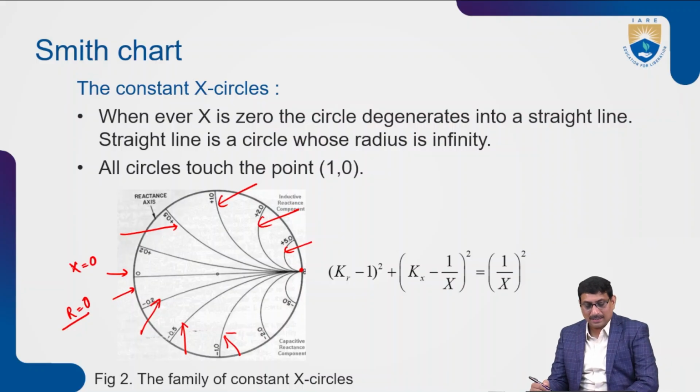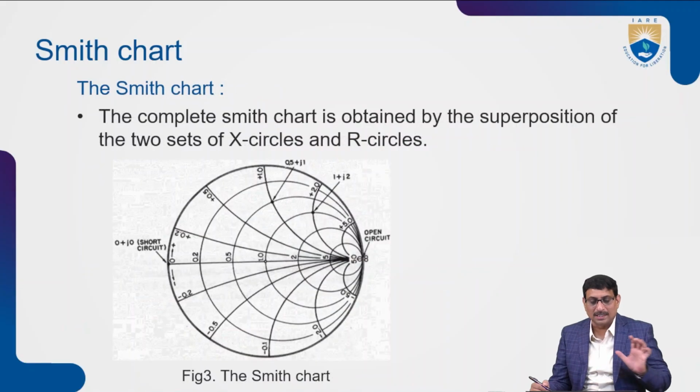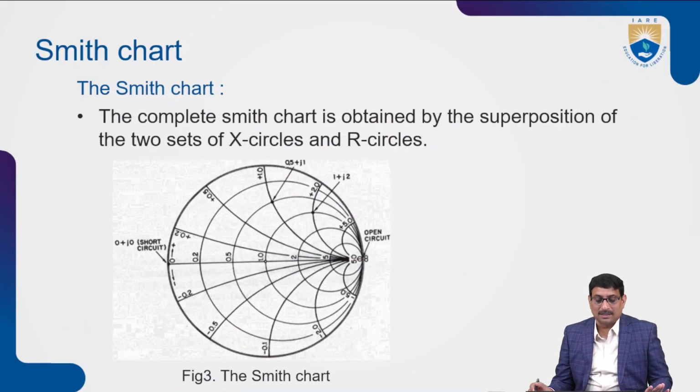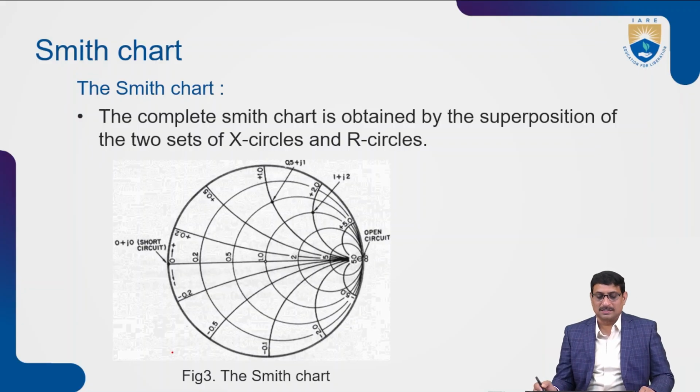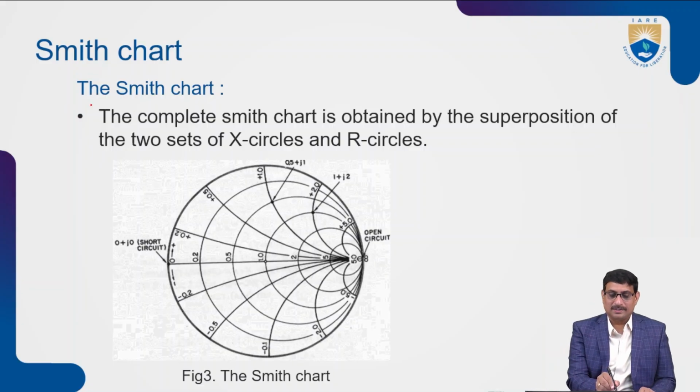So if I draw both X circles and R circles together onto the same plane, then it is called the superposition of both R and X circles together, and this is called a Smith chart.